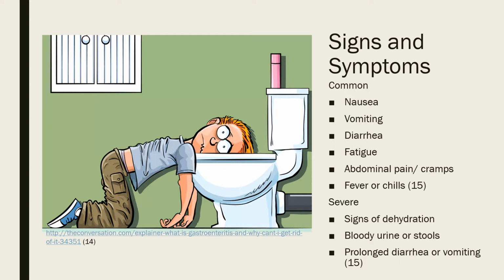In patients, they could also have bloody urine or stools or prolonged diarrhea or vomiting. If a child is vomiting for more than 12 hours or has had diarrhea for more than 2 days, they should go see a doctor. And for an adult, if they have been vomiting for more than 12 hours and have had prolonged diarrhea for more than 5 days, they should go see a doctor.